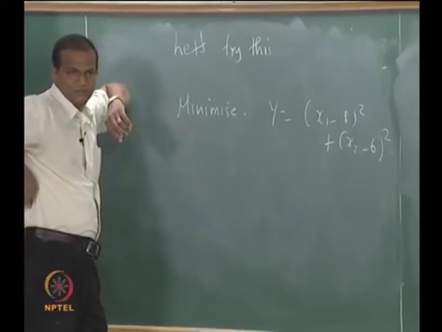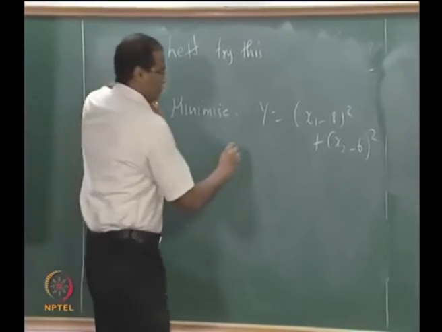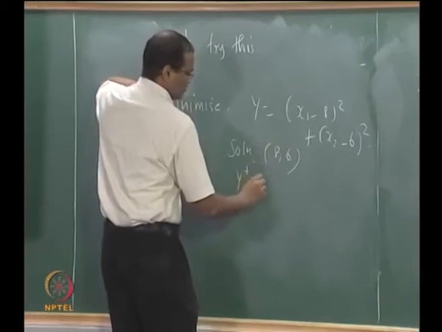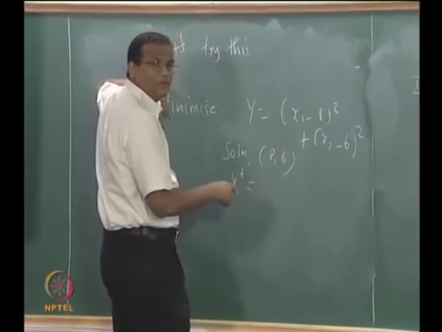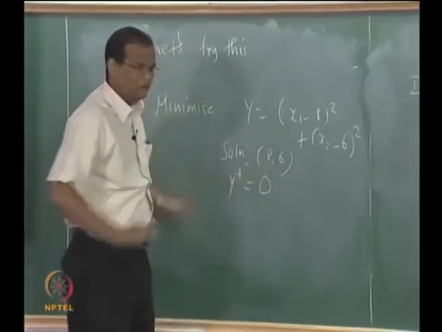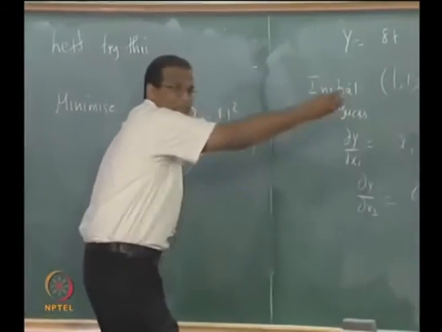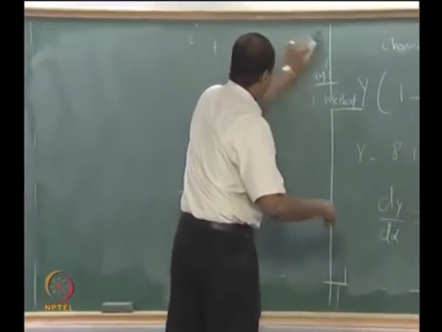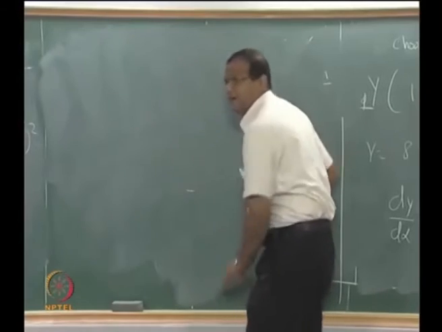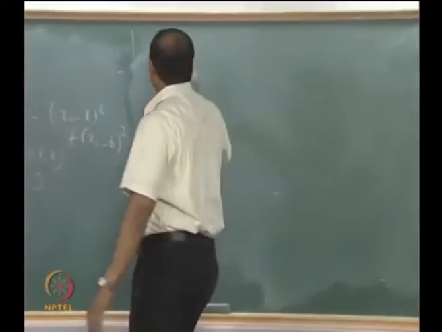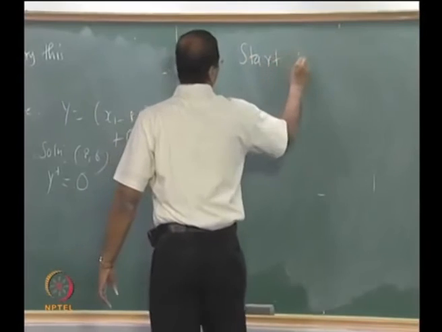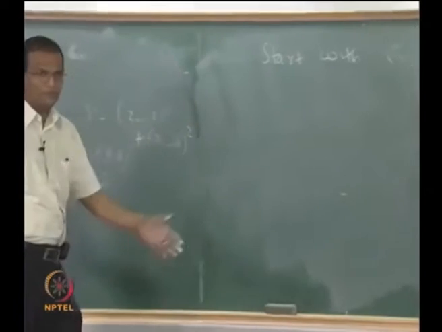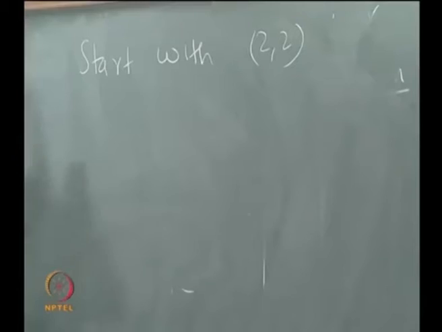What is the solution? 8, 6, y star, at the optimum, very good. So this solution we know. Now we will see how the Cauchy's method will help us. You can start anywhere, let us start with 2, 2.